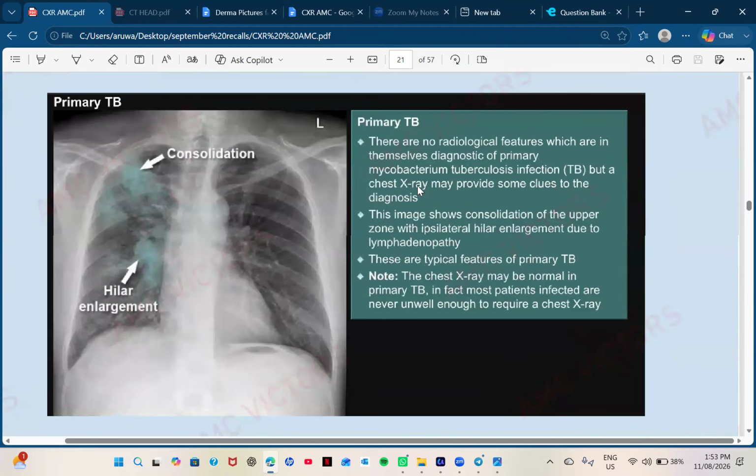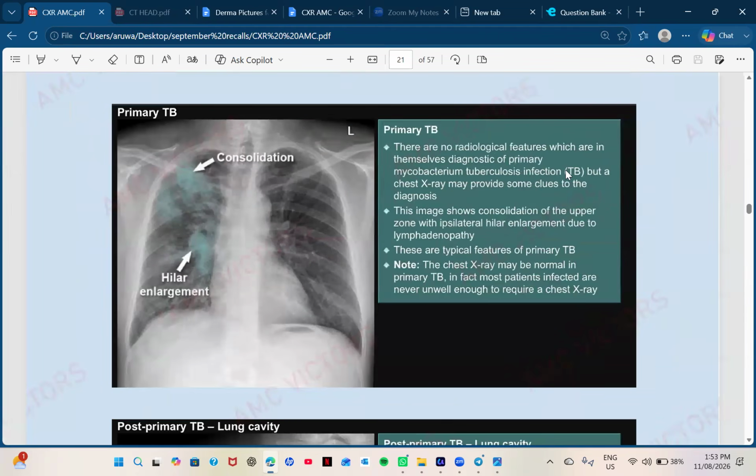There are no radiological features which are in themselves diagnostic of primary TB, but X-ray may provide clues to diagnosis, right? So, what is the criteria for diagnosing active TB? Tell me, doctors.